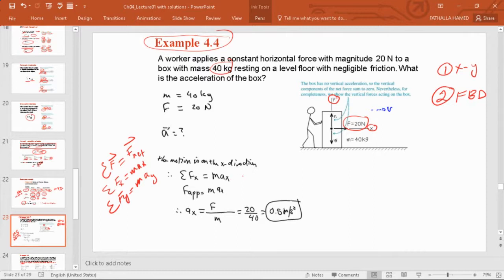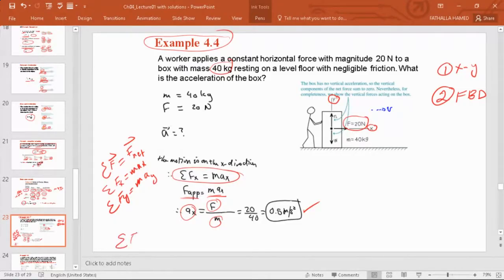Now, along the x, which should equal max, I only have the applied force, which is 20 Newtons, and it's going in the positive x direction. So F applied is equal to max, and ax will equal F divided by m. The F is 20 Newtons, the mass is 40 kilograms, and 20 divided by 40 will give you 0.5 meters per second squared.